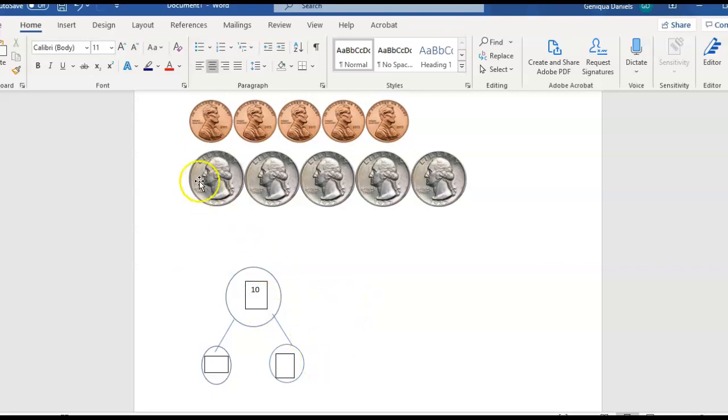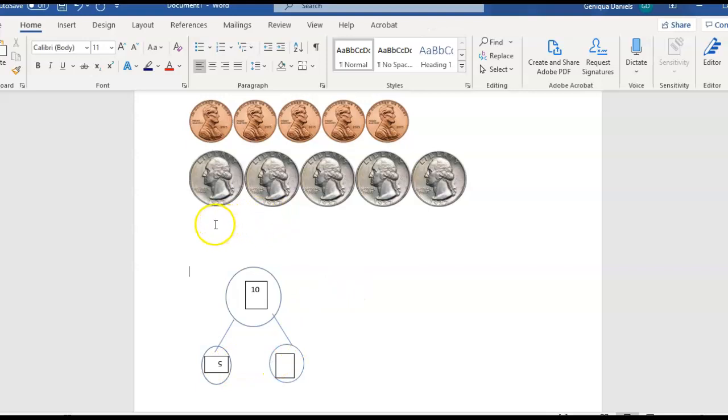Now let's see, how many pennies do we have? Get ready. 1, 2, 3, 4, 5. How many pennies do we have? Yes, 5. So we know that 5 is a part, one of our parts.